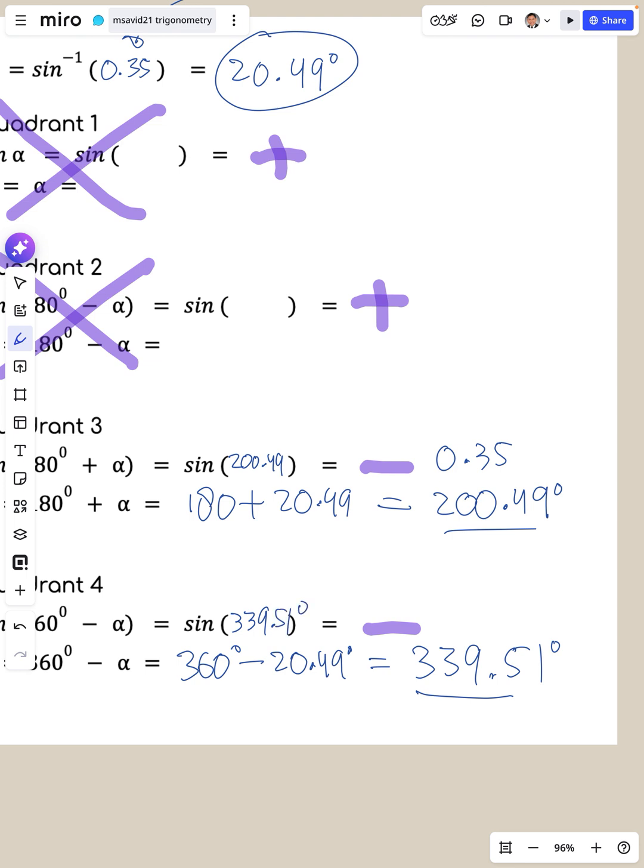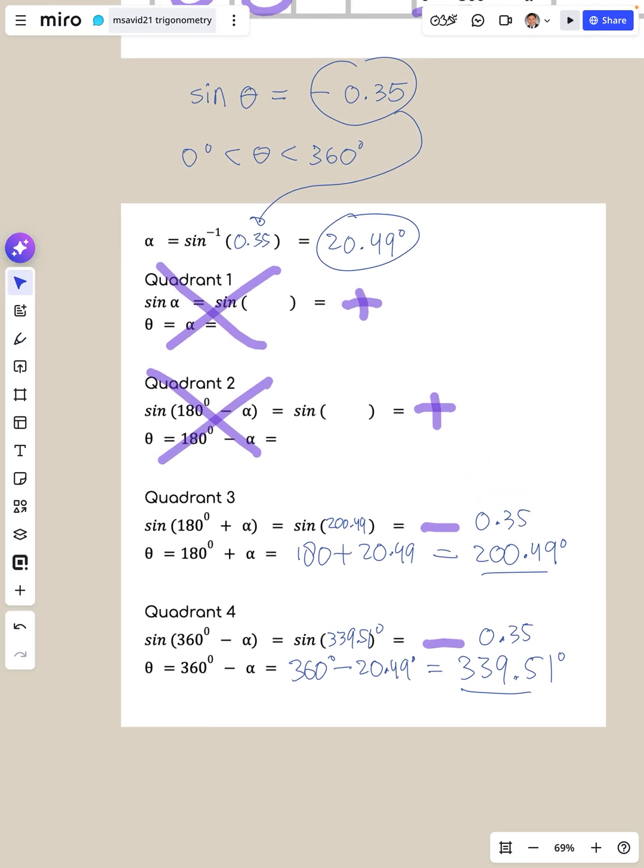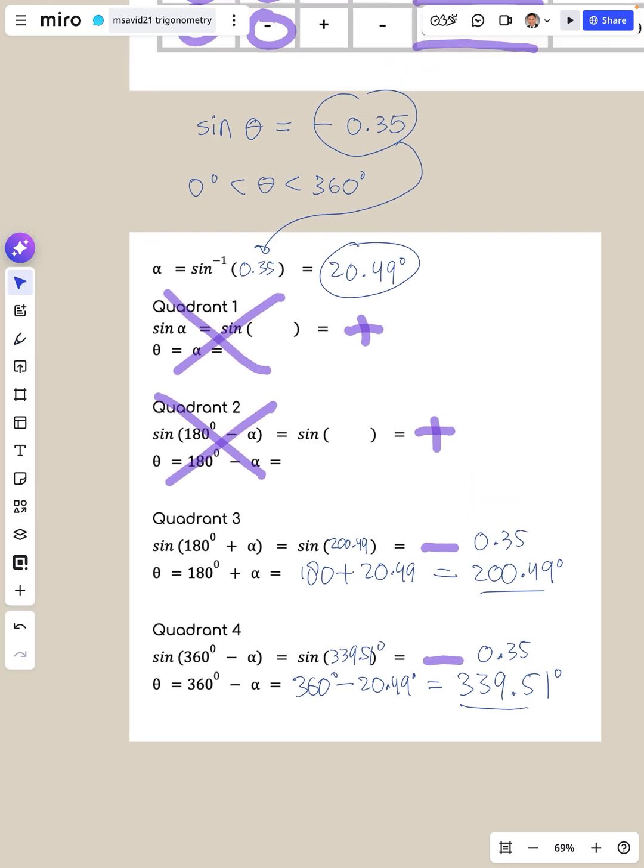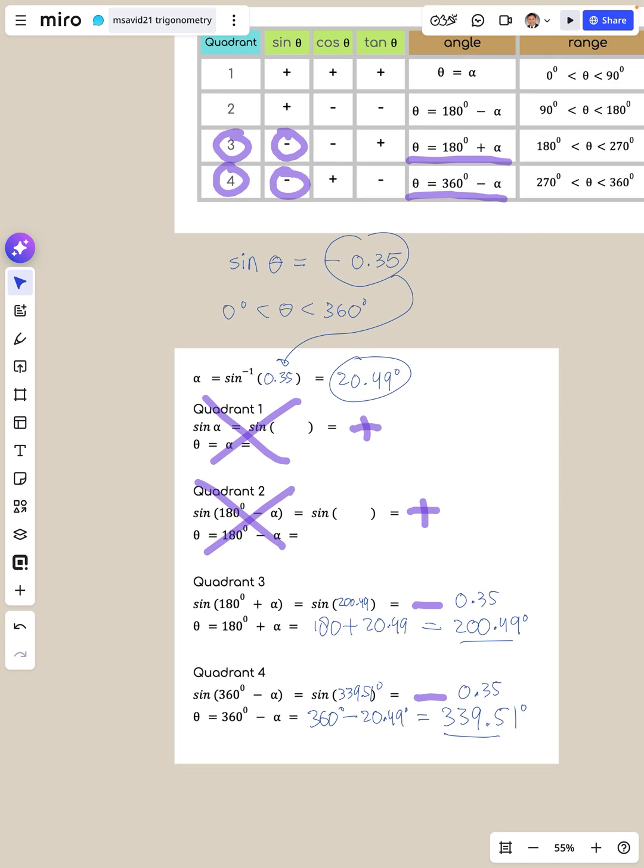We press, and we get 0.35 as well. So that's it. We get the two values of the angle, and we already checked them out also.